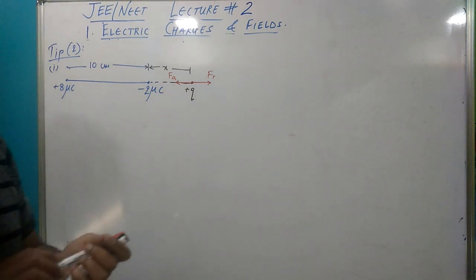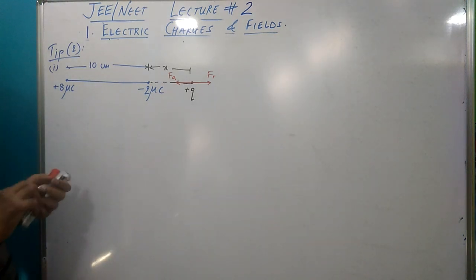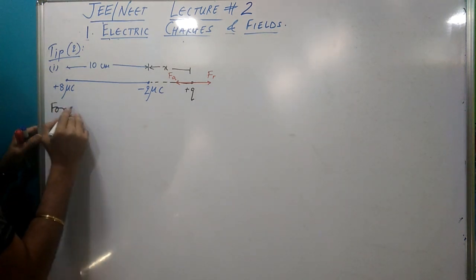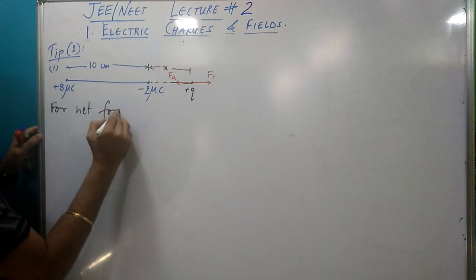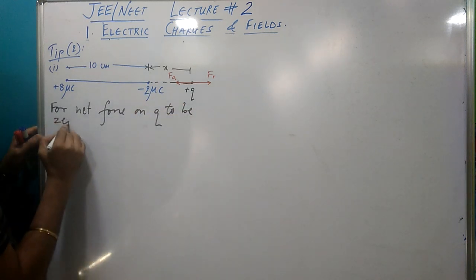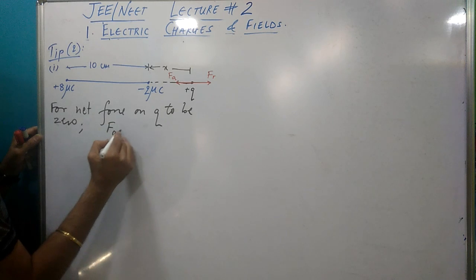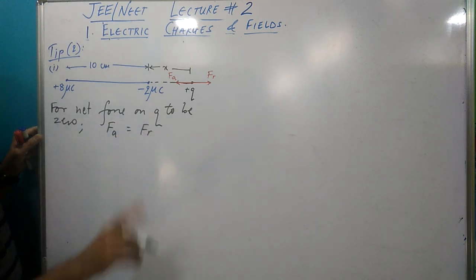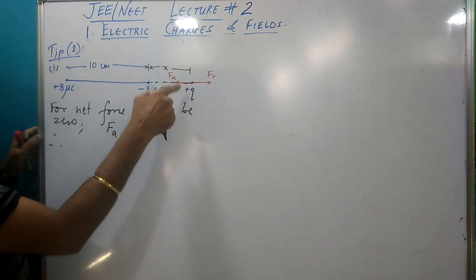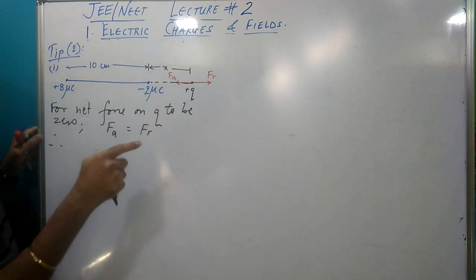And for net force to be zero, the magnitudes of both have to be same. For net force on Q to be zero, the force attractive has to be equal to force repulsive. Mind you, attraction is between these two. And you will only have to take magnitudes.